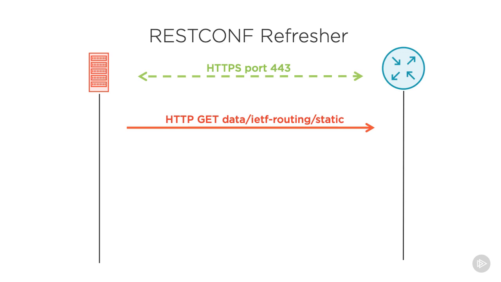RESTCONF is basically a REST API with resources arranged in a way that follows a YANG model, making it relatively easy to use. We've talked a lot about REST APIs in previous courses already. By the way, that data IETF routing static URL isn't fully valid, it's just conceptual. We'll see real URLs in the upcoming demos.